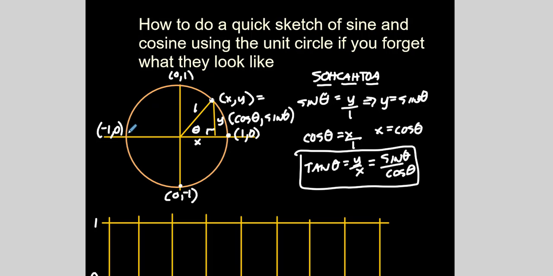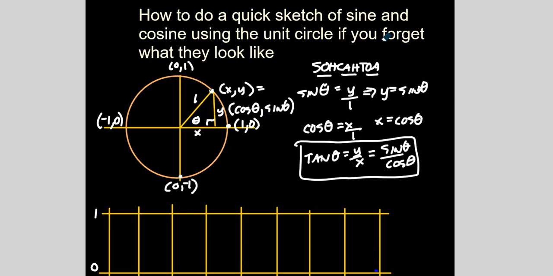Then cosine of 180 degrees or pi radians is negative 1, sine of pi or 180 degrees is 0, cosine of 270 degrees is 0, and 270 degrees in radians is 3 pi over 2. So then sine of 3 pi over 2 or 270 degrees is negative 1, and then you go back to 360 degrees or 2 pi and you start the process all over again.